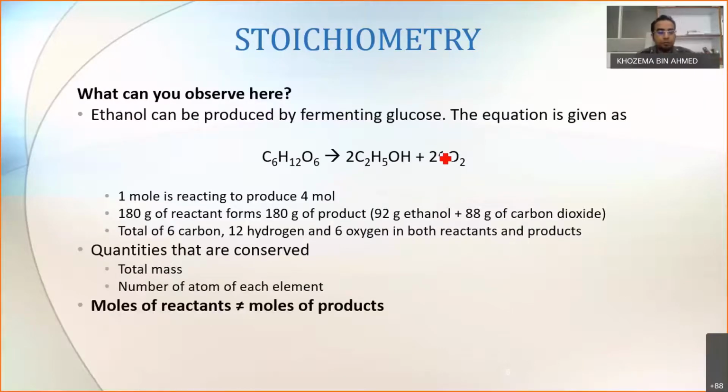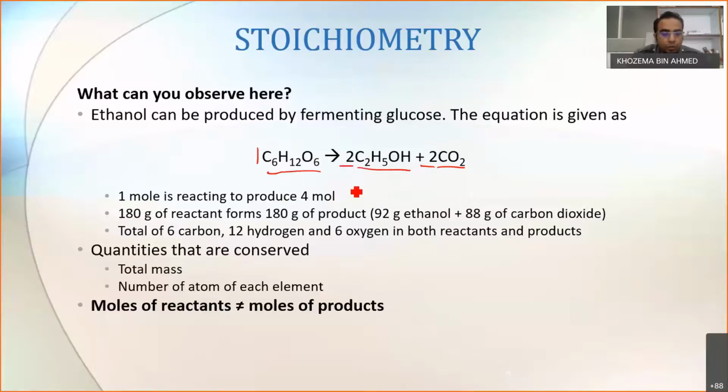Okay, so let's look at this example equation. Ethanol can be produced by fermenting glucose. So this is the formula for glucose, C6H12O6. When you ferment the glucose, you will get ethanol, C2H5OH, and also CO2. Again, the stoichiometric coefficient here is 1, and then 2, and then 2.